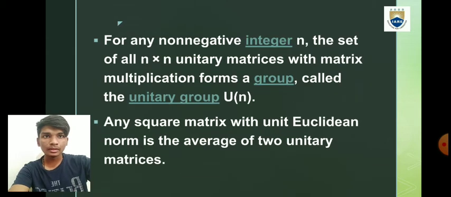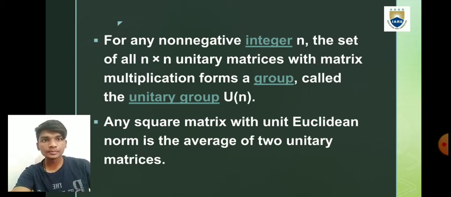For any non-negative integer n, the set of all the n into n unitary matrices with matrix multiplication forms a group called the unitary group, that is U of n. Any square matrix with unit Euclidean norm is the average of two unitary matrices.